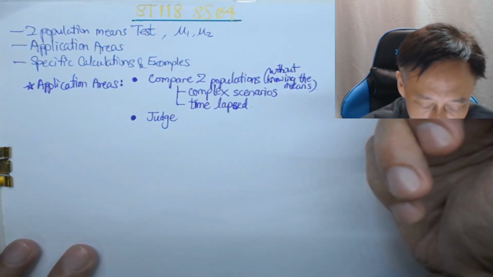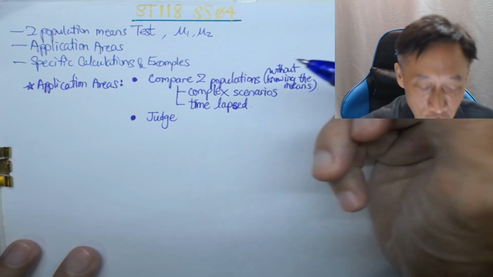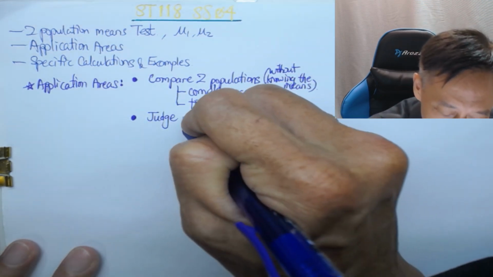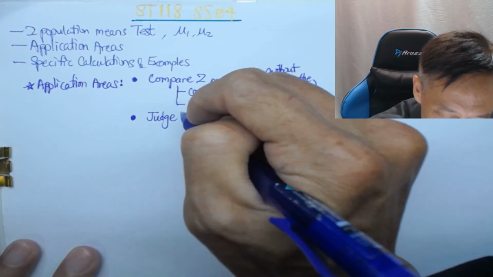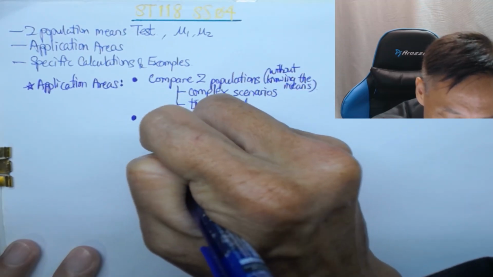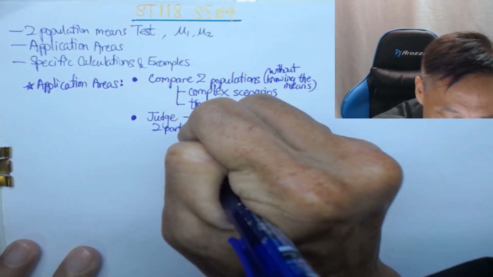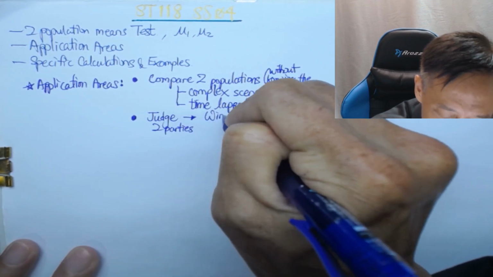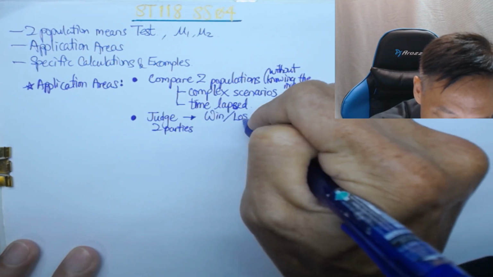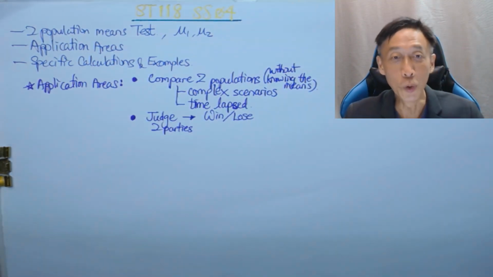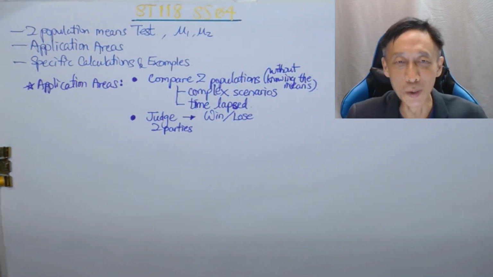So judging is to decide on win lose, literally. Judge two parties. So literally winning and losing, right? So who wins, who loses?